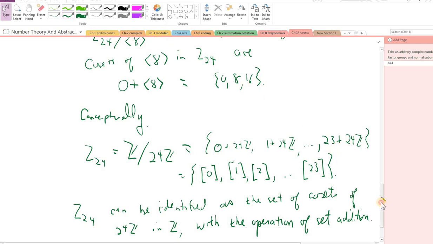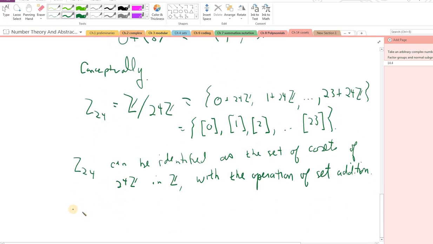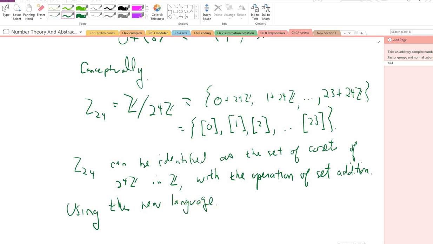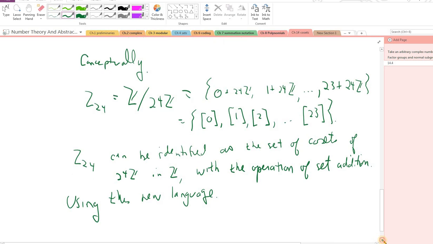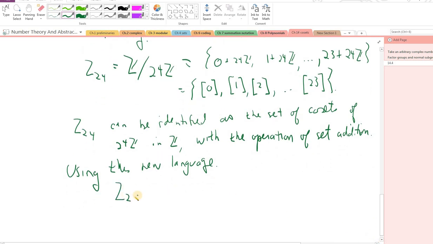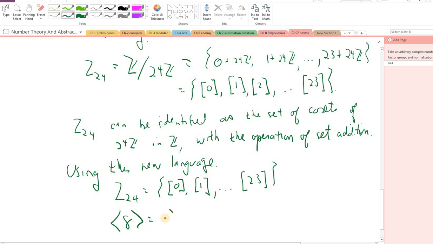Using this new language, the only difference between this new language and the old language is you just put square brackets around everything. Z24 would be equal to equivalence class of 0, equivalence class of 1, all the way up to equivalence class of 23. Angle brackets 8 would be the equivalence class of 0, equivalence class of 8, and the equivalence class of 16.